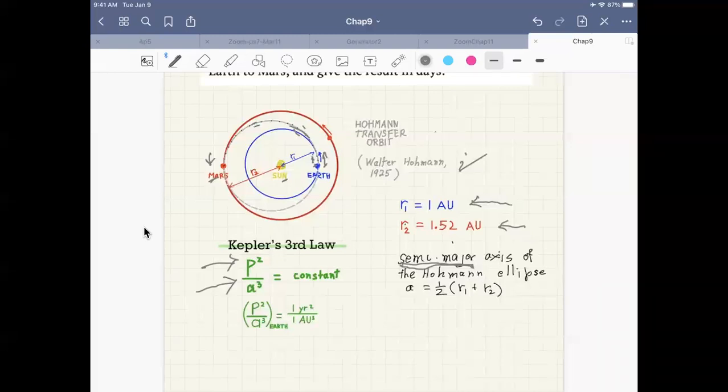In other words, the period squared divided by the radius cubed, that's the elliptical radius, the semi-major axis, is the same for all the masses that are in orbit around the sun. It's the same for the Earth, it's the same for Jupiter, it's the same for Neptune, it's the same for this satellite, which is traveling from Earth to Mars.